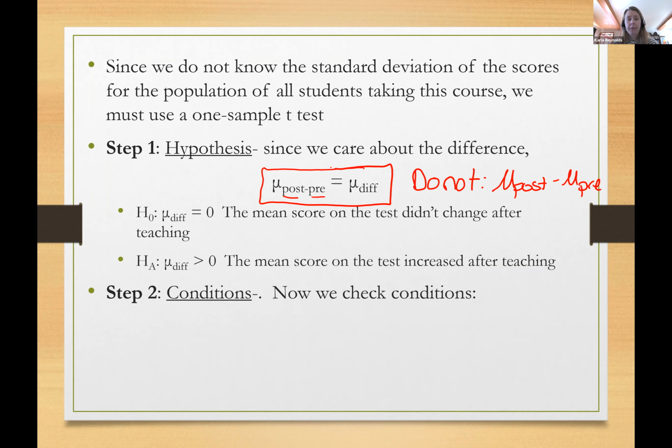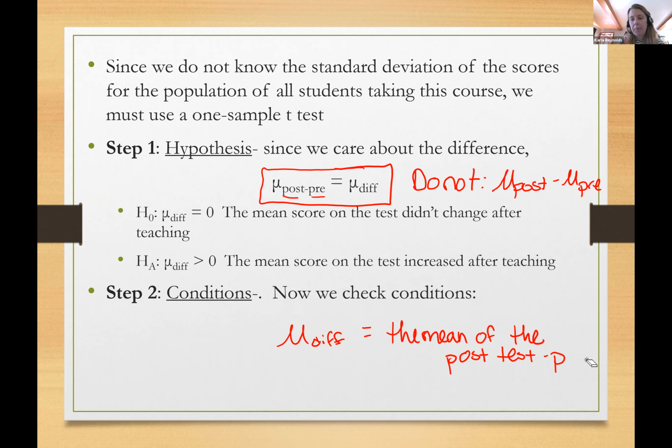So make sure for matched pairs, you define the order of subtraction by saying mu diff is equal to whatever order of subtraction you do. If you're afraid you're going to make notation mistakes, you could do it in words and say mu diff equals the mean of the post-test minus the pre-test.